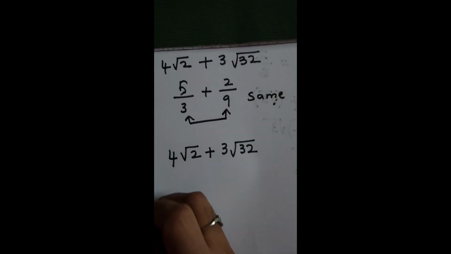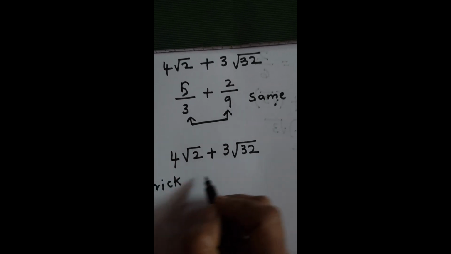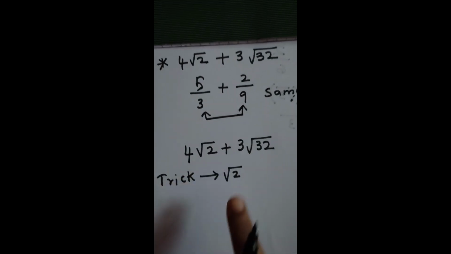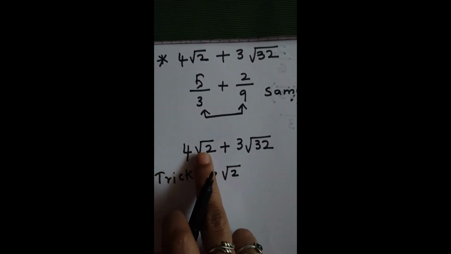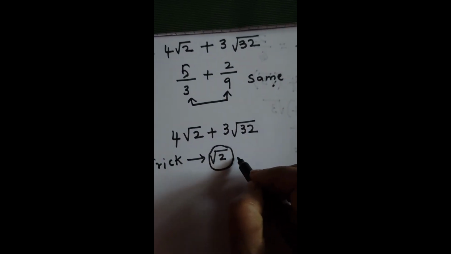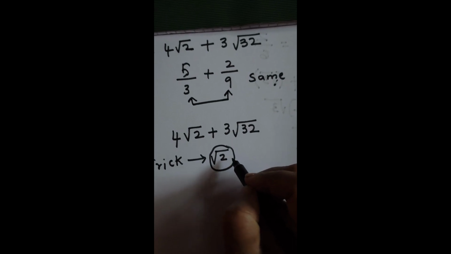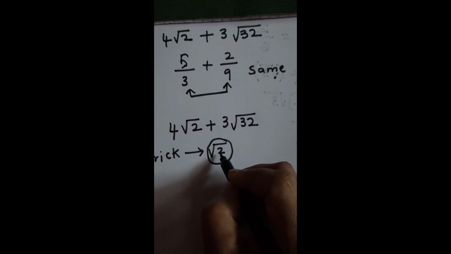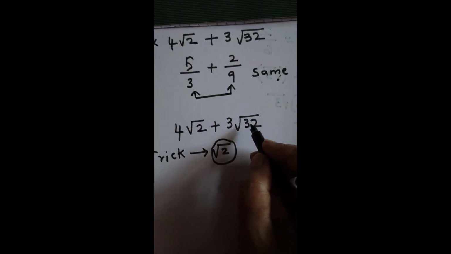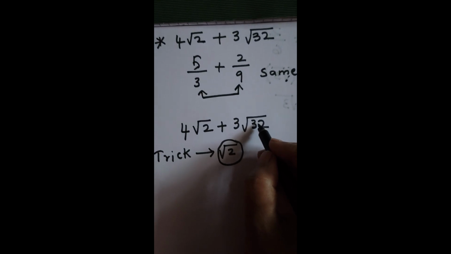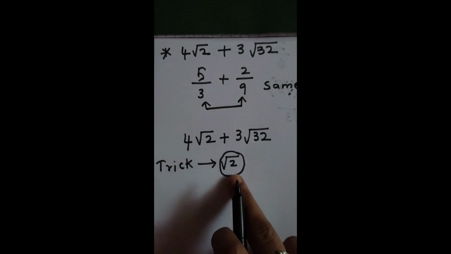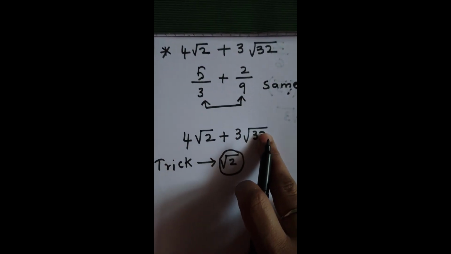One trick I will give you, or hint. Take root 2 because it is the smallest number between the roots, root 32 and root 2. Try to keep this number as common, that means try to have 2 in place of root 32.